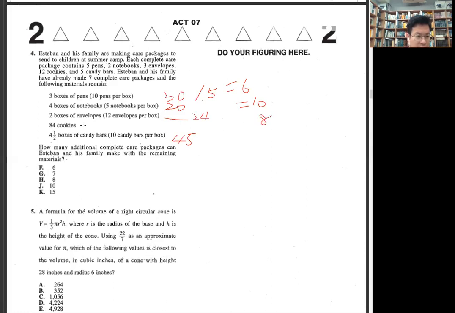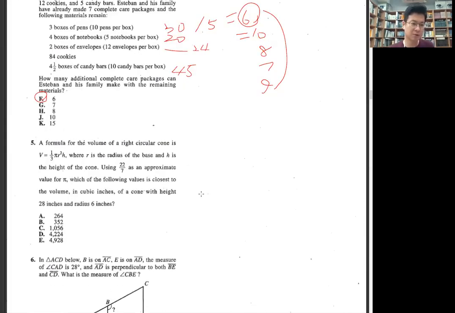And cookies, divide by 12, is 7. And then candy bars, 9. So the least one that we can make is 6, because everything has to be inside. So at the most we can make 6.